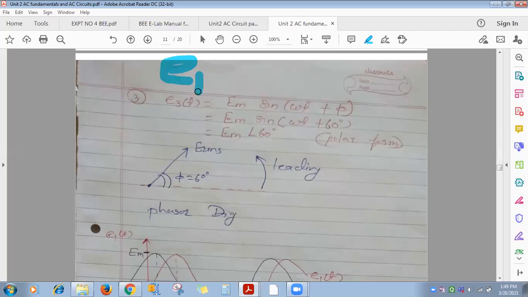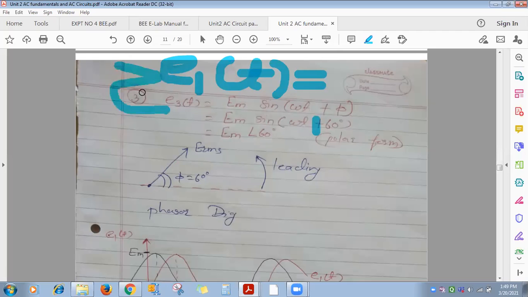E1(t) equation is what? E1(t) is Em sine of omega t. If you compare it with this, Em sine of omega t plus 60 degree, as the plus sign is there, we can say E3(t) leads E1 by an angle of 60 degree, and leading parameter we measure in anti-clockwise direction.